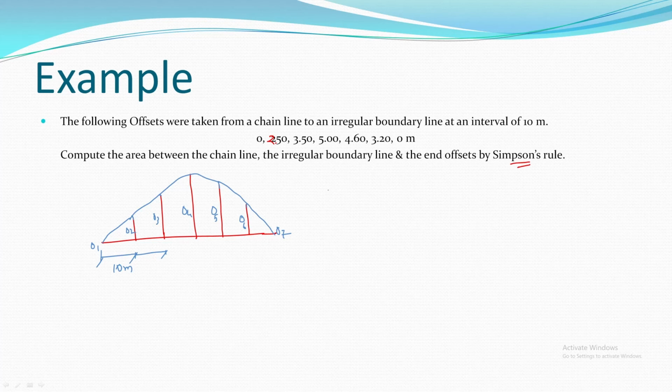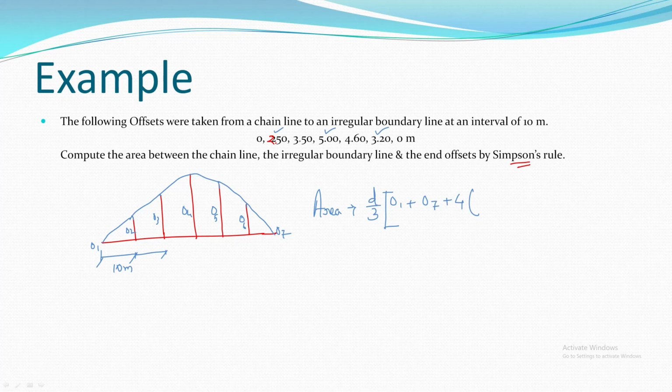So, let us write the formula for Simpson's rule. The area will be d by 3, first ordinate is O1 and the last ordinate is O7, plus 4 into the sum of even ordinates. Here the even ordinates are 2.50, 5.00 and 3.20.